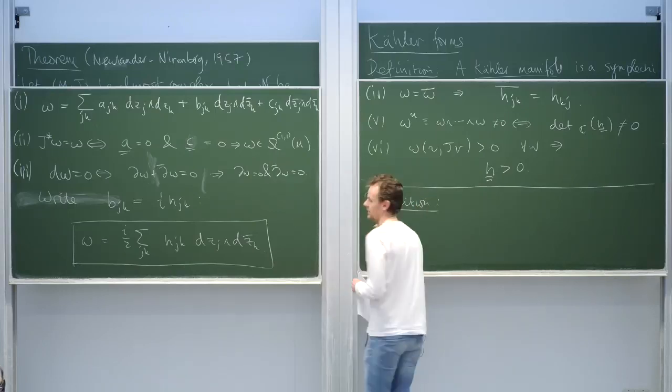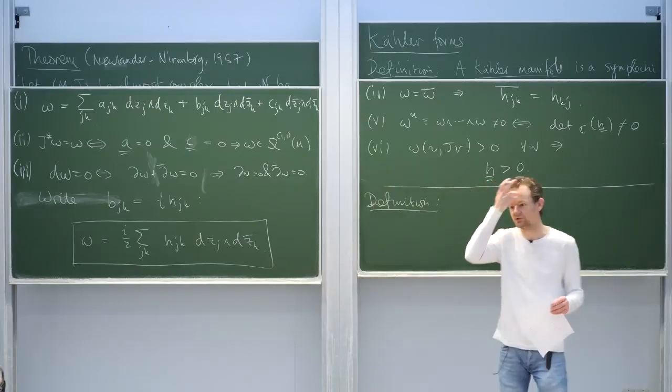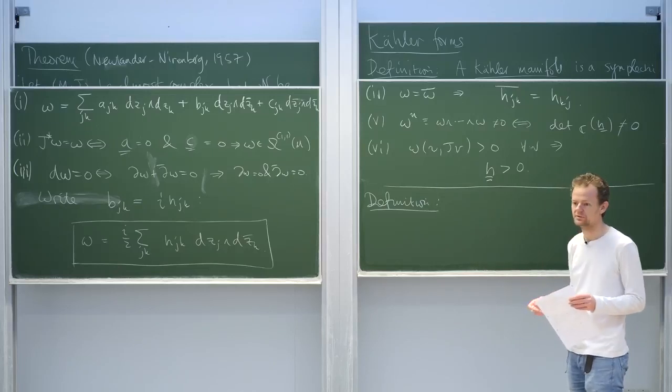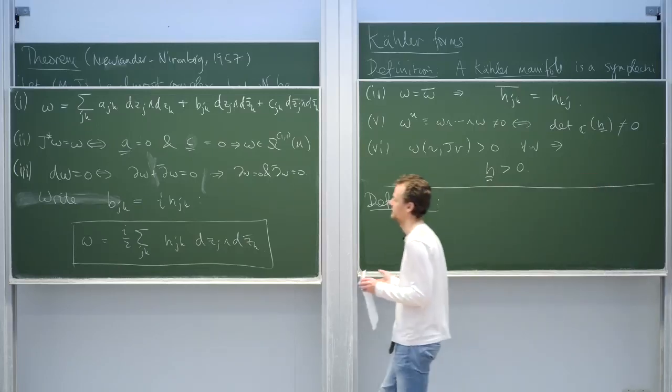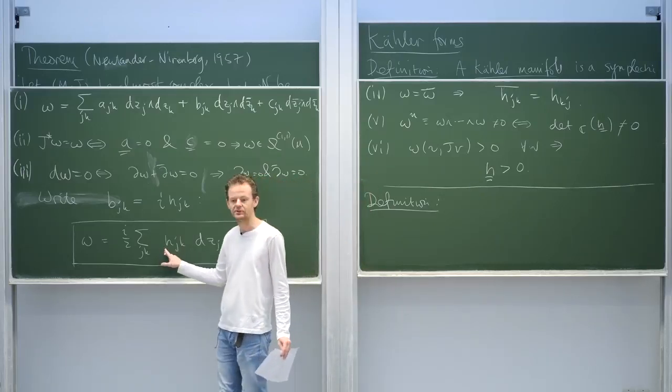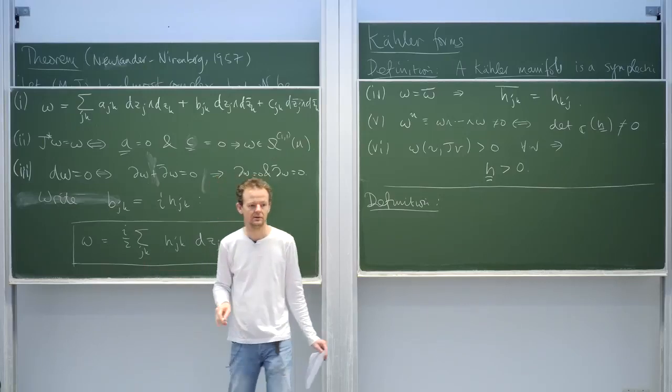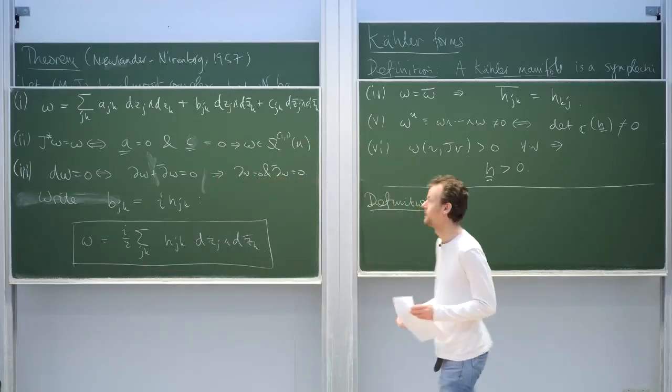All right, how do we make Kähler manifolds? Let's find a recipe to come up with Kähler forms. Well, one recipe is fairly clear, right? If you have your favorite positive operator, stick it in the local form here. That defines a Kähler form.